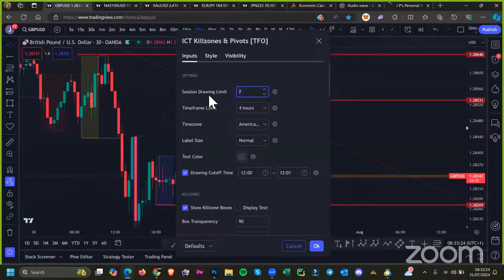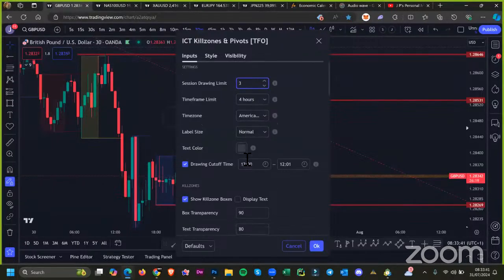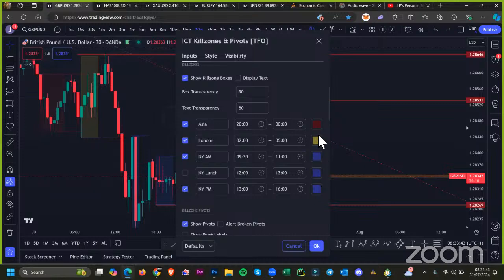This is 7 sessions, ultimately 7 days back. Or you can change that. You can put a time frame limit, a limit of where you don't want to see these indicators. If you've zoomed out to a certain time frame, you don't see them. You can do that. And there's lots of other information, but here's how I've got my colors organized, like so.